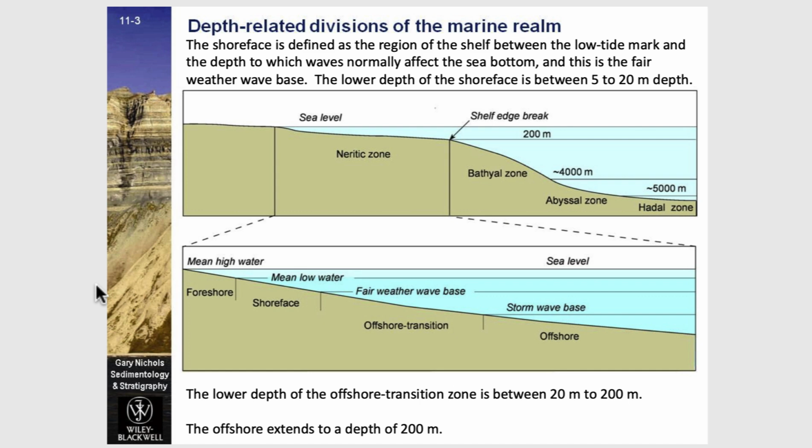The continental slope becomes the bathyal zone, which again will range between 2000 and roughly 4000 meters, although it can vary depending on the type of continental margin. And often we have the abyssal zone, which can go down to 5000 meters.